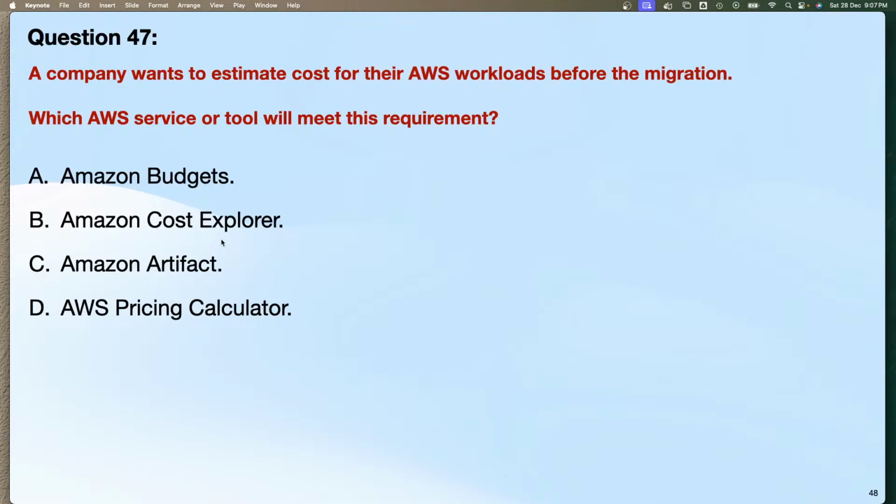Amazon Cost Explorer is to visually analyze which services cost how much, correct? We had video courses for this, right? We discussed all these things. Artifact again is compliance documents, nothing to do with estimated cost. And as I mentioned, AWS has a service called the Pricing Calculator, which is the answer here. It's a free service again.